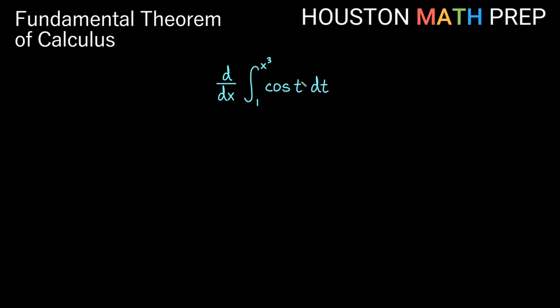So if I replace my t in my function of t with my bound function here, that would give me cosine of x cubed. That's the replacement part. But then if I use the chain rule idea and I multiply by the derivative of this bound here, this function of x, then that's going to give us times 3x squared. So we'll actually get 3x squared cosine of x cubed for this one.